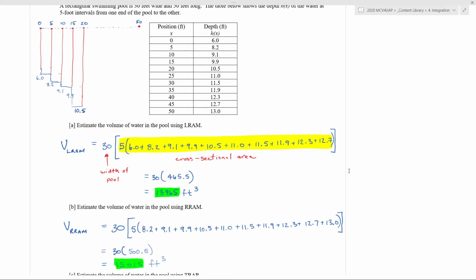I'm getting 30 times 515.5, which is 15,465. Anybody get that? Yeah, I got that.